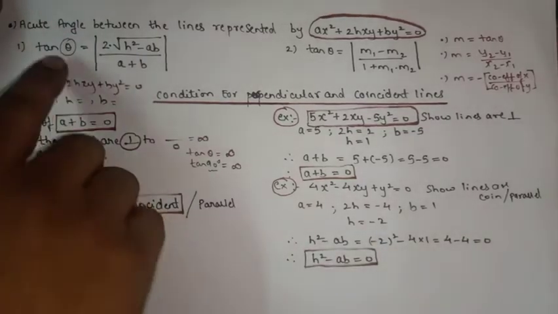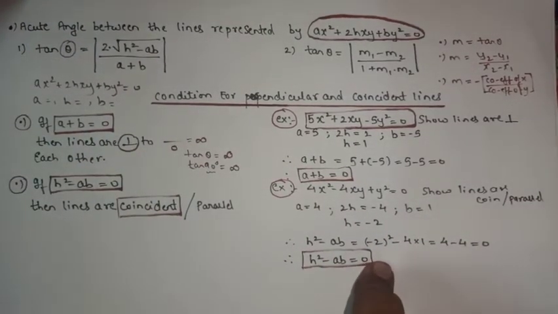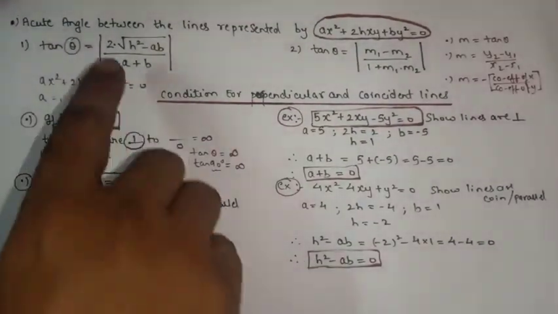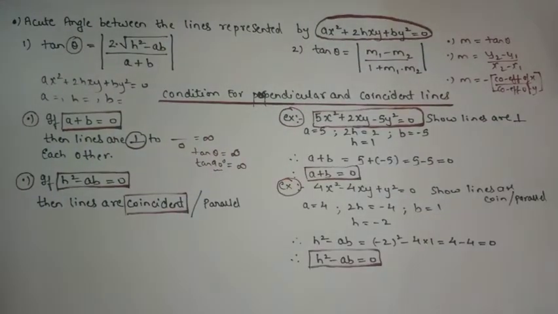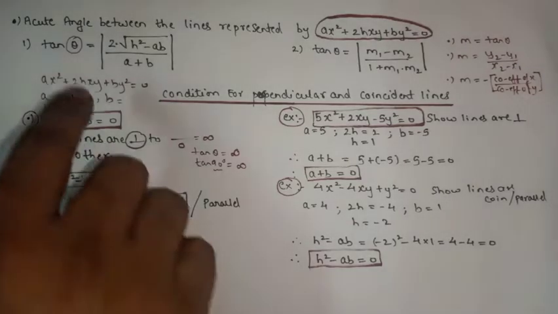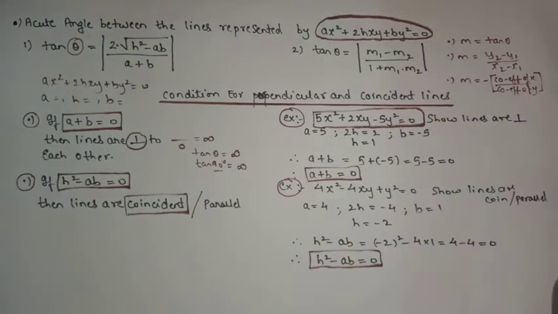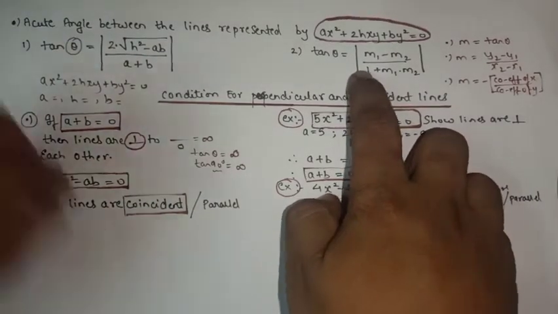Okay, so this is the concept which is there in type number 5. In type number 5 there are two formulas, but majority of the sums, I guess all the sums, depend on formula number 1. We'll see formula number 2 also.